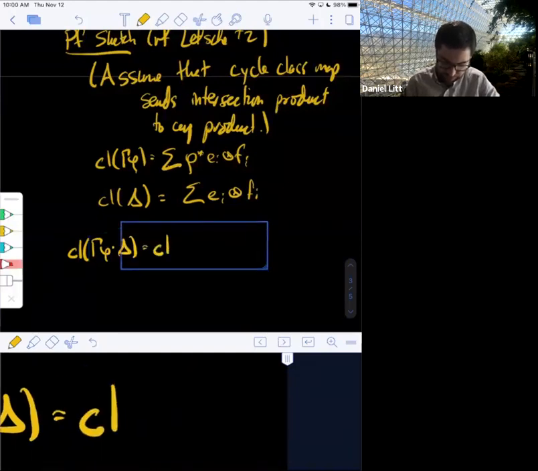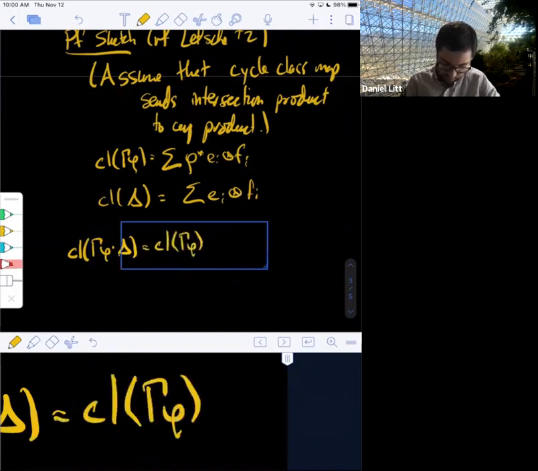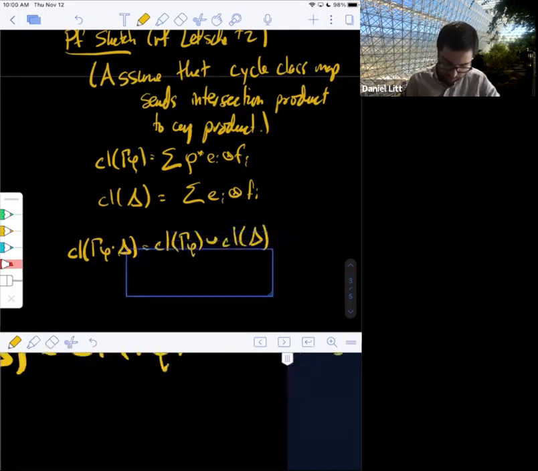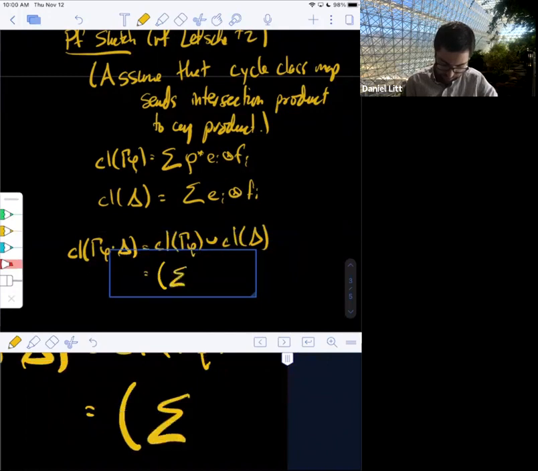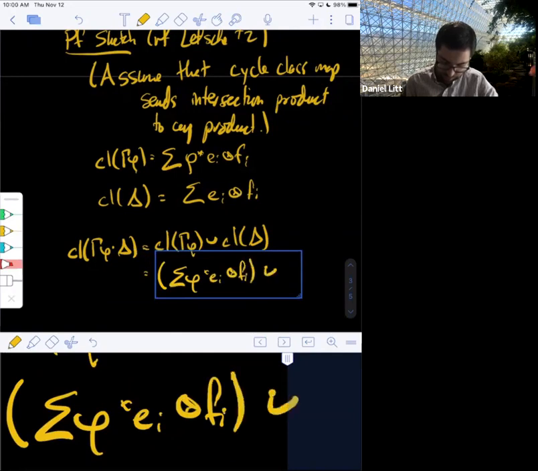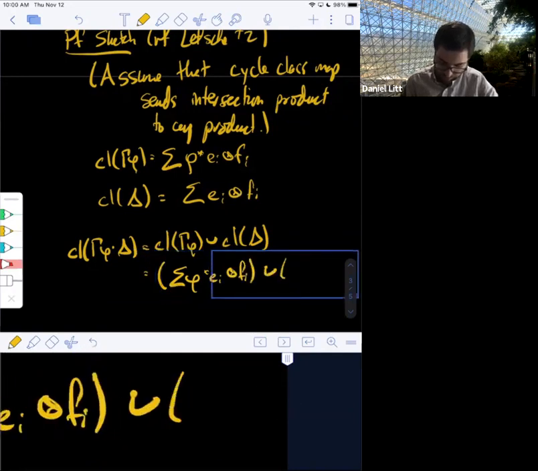So it's the class of gamma phi cupped with the class of the diagonal, which we can write as follows. It's the sum of phi star EI tensor Fi cupped with the sum of EI tensor Fi.